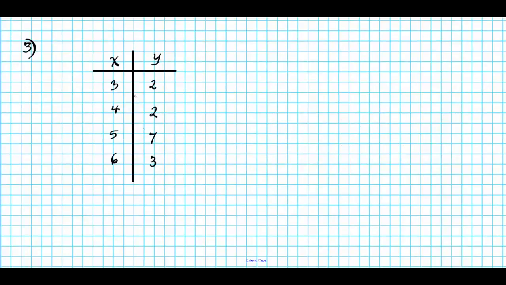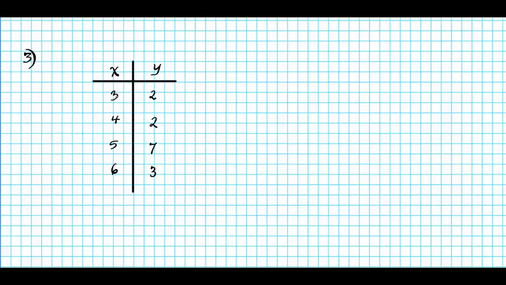Now, this relation is presented in tabular format. Is it a function or not? So what are we focusing on again? Remember, the rule is to focus on the x's, or the inputs, or the domain. When it's presented in numerical format like this one, you want to focus on repetitions in the x's.